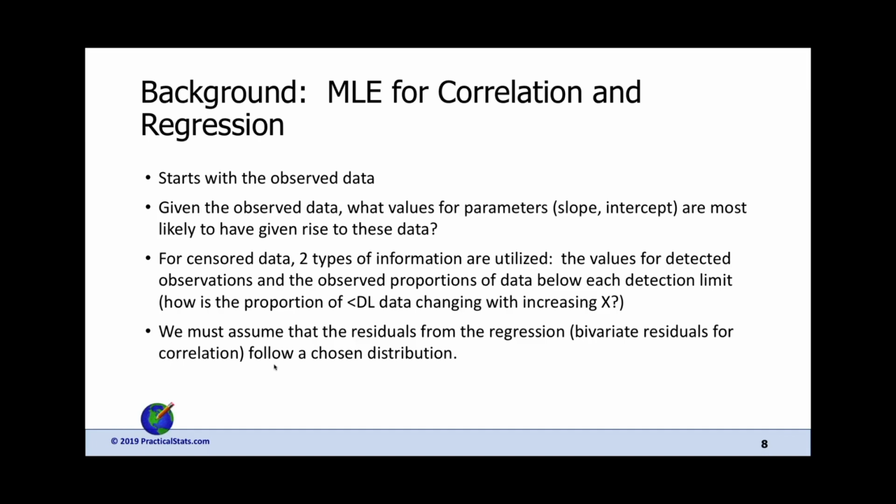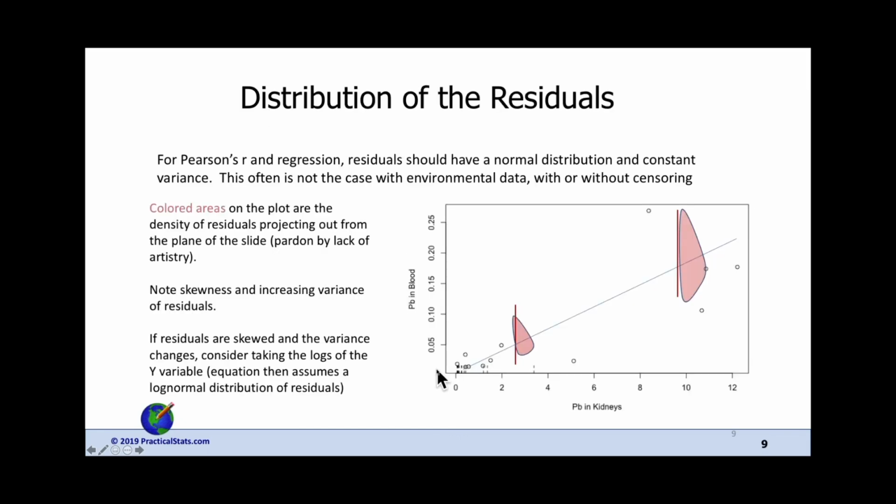If the residuals are skewed and don't appear to have come from a normal distribution, and we want to check that, then we would do something like transform the Y variable to get them on a different scale. A common transformation is to take logarithms for data that are skewed and have outliers up at the upper end. So we'll do all of that. This distribution of the residuals is important.